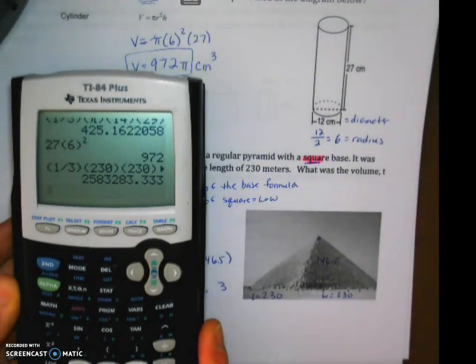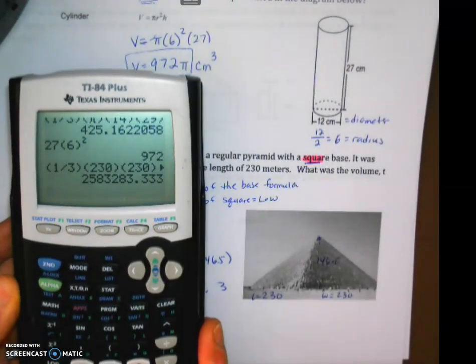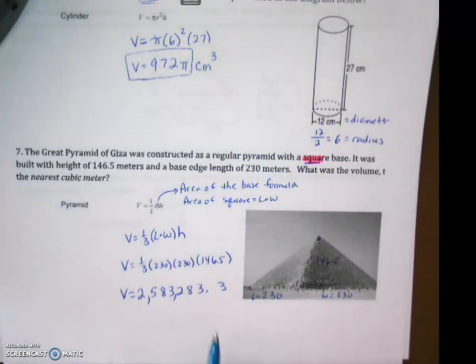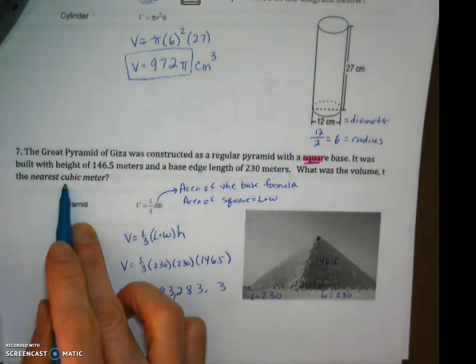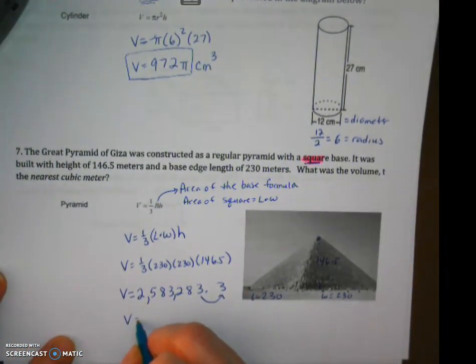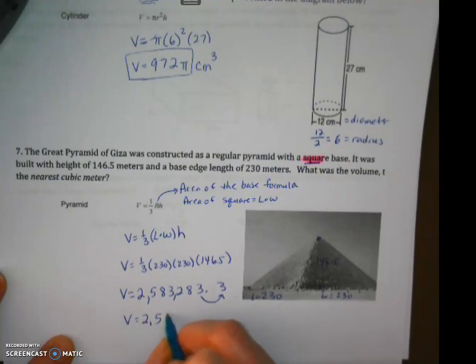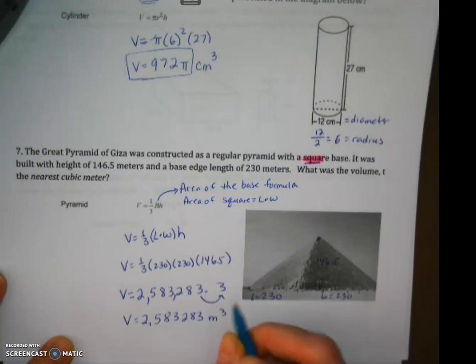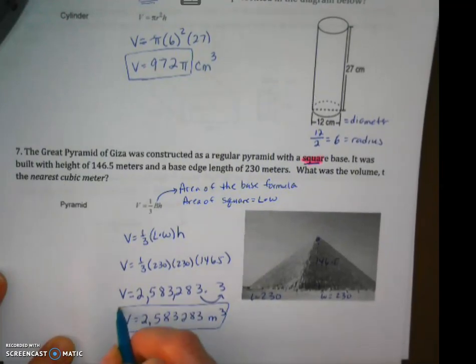So when I put that all into the calculator, I got 2,583,283.3. It says round to the nearest cubic meter, which means to the nearest whole number. So since the next number is less than 5, 2,583,283 meters cubed is your final answer for this question.